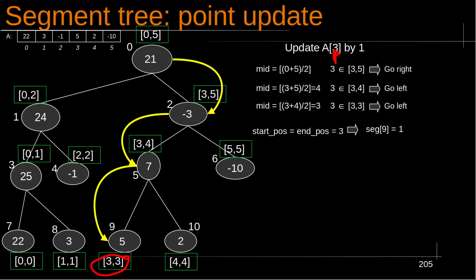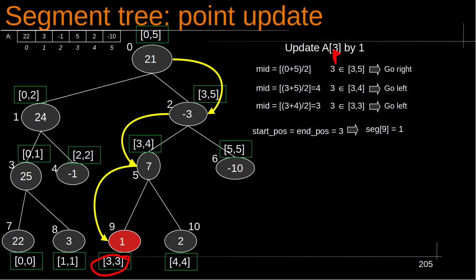We have used this in the static range queries. So here I will update node 9 in the segment tree from 5 to 1, because in the original array I want to update A3 by 1.